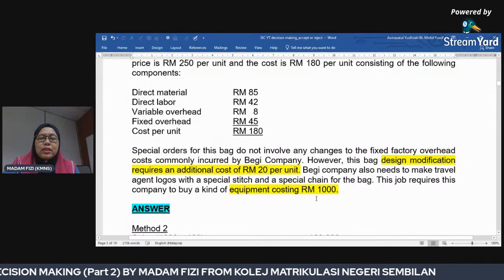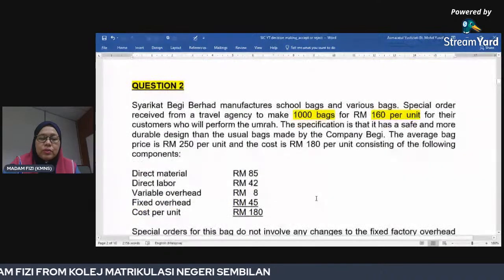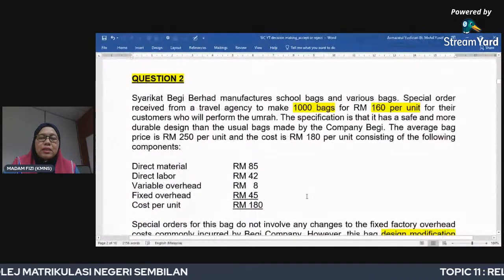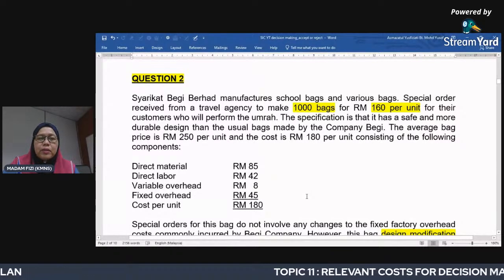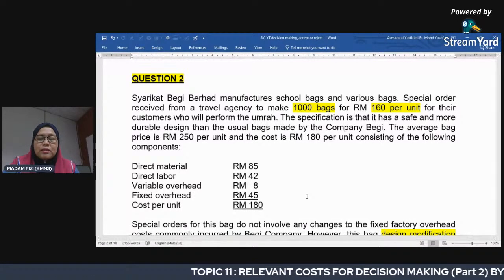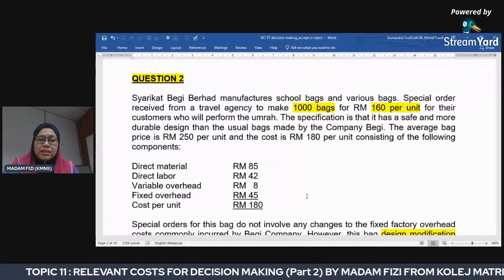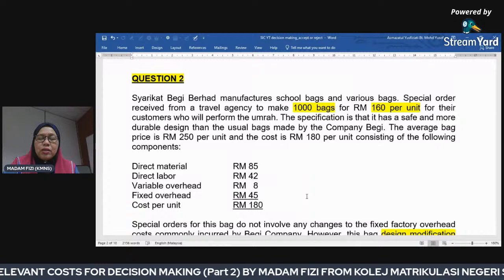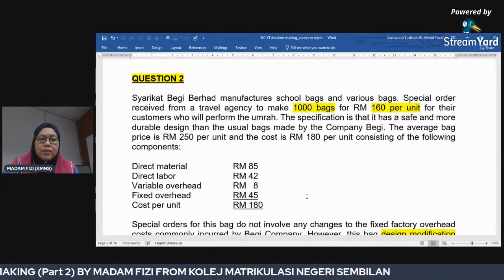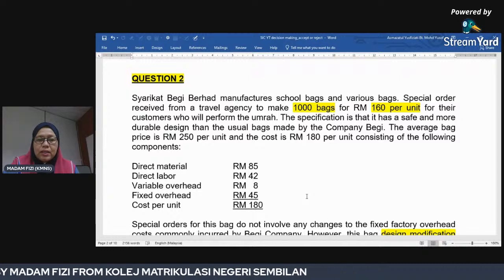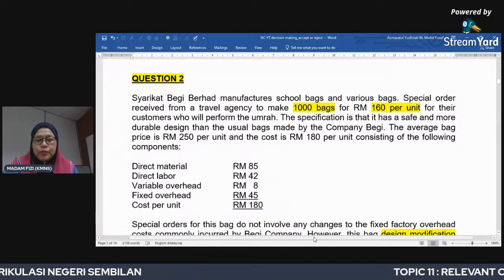So back to the question just now. In this question 2, they just inform about the special order. Bilangan asal dia tak mention dekat sini. So if you want to make decision, you cannot do the method 1 calculation. So you have to do method 2.